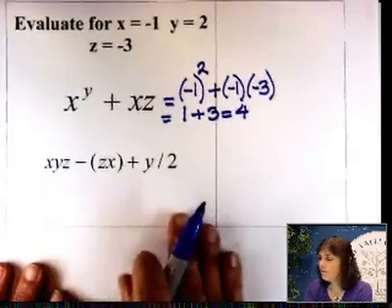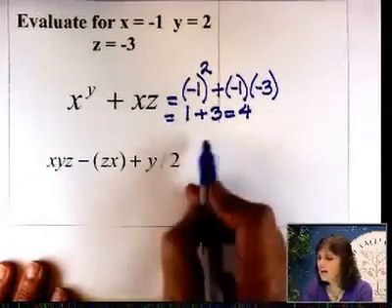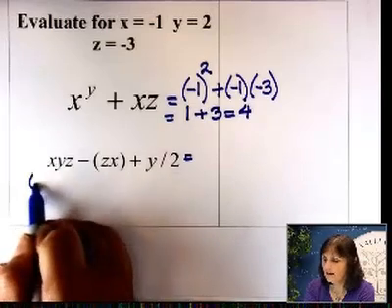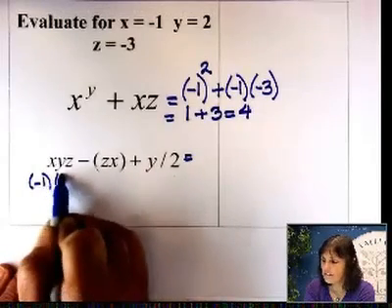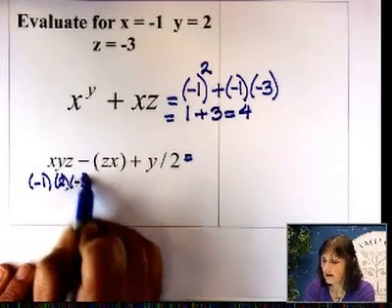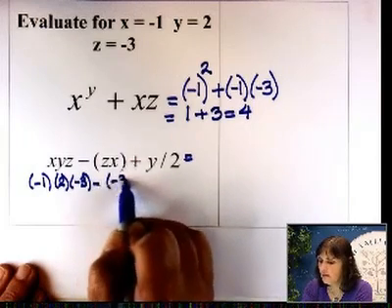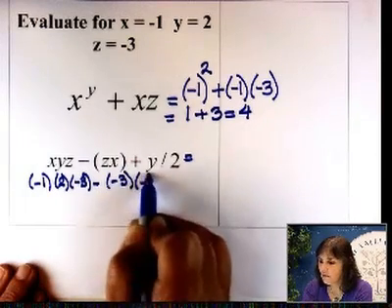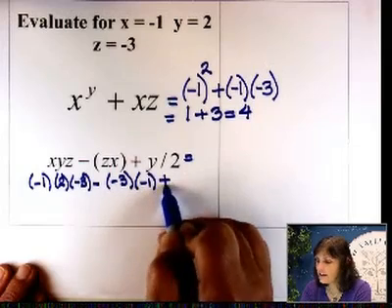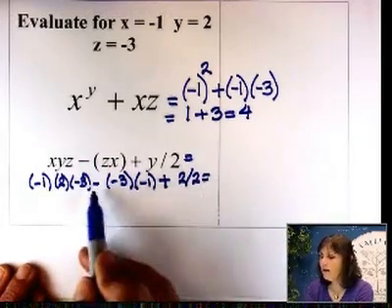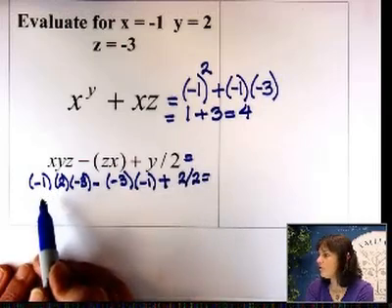Let's do this one. XYZ, what is that? X is -1, Y is 2, and Z is -3, minus ZX, that's -3, and X is -1, plus Y is 2 divided by 2. All right, minus plus, I do the multiplication first.